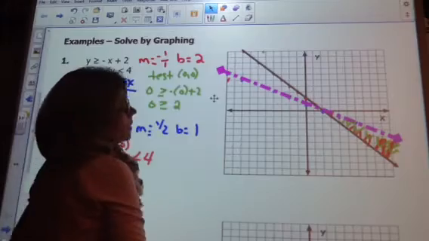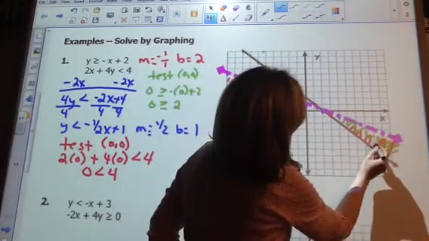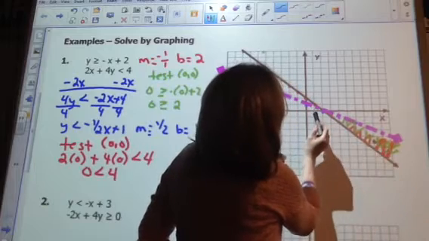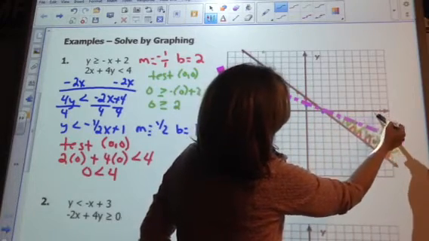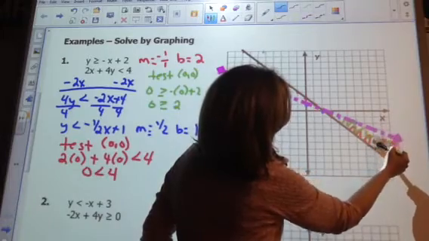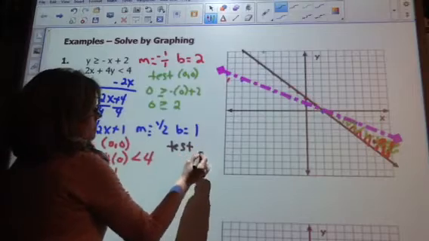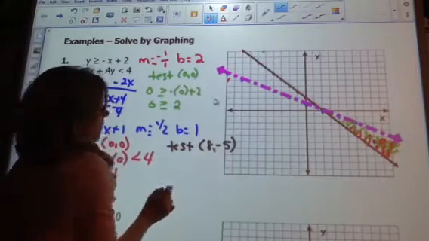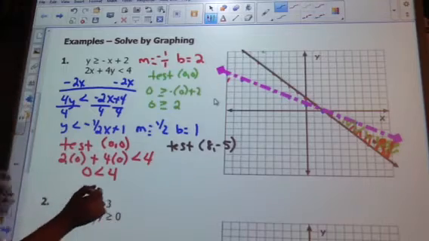Let's pick a point in there. So let's see, this point right here. That is 1, 2, 3, 4, 5, 6, 7, 8, and 1, 2, 3, 4, 5. So 8, negative 5. We've got to test this on both.